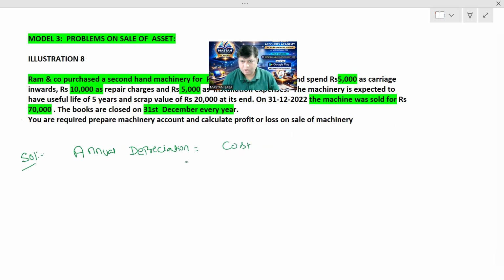What is the formula? Cost of asset minus scrap value divided by useful life of the asset. Okay, dear students.